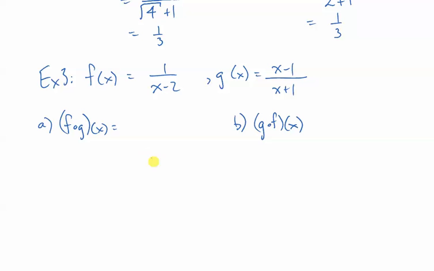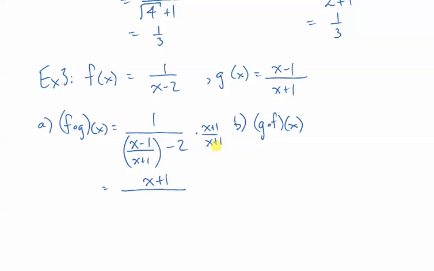Okay, we're back, and I'm substituting g into f. The function f is 1 over something minus 2. The thing being substituted is that rational expression. Now, this is a compound fraction, and the easiest way to deal with it is to multiply everything by that LCD, x plus 1. So I'm multiplying x plus 1 on the numerator, and I get x plus 1.